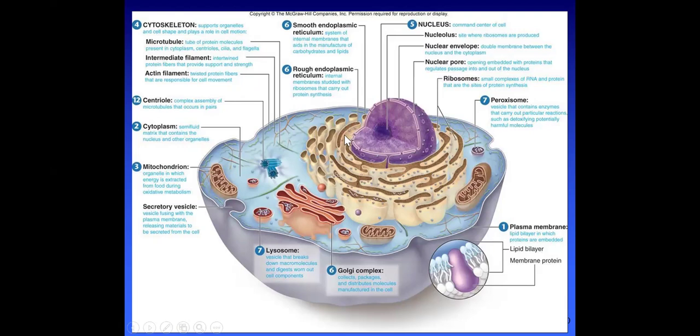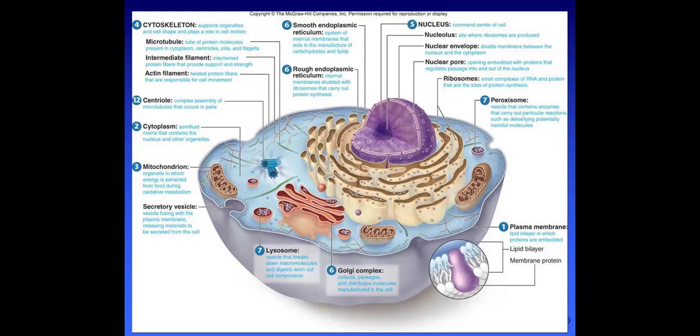This is the ribosome on the endoplasmic reticulum, these dots, and that's why this can be called the rough endoplasmic reticulum. This is the peroxisome. It is a type of vesicle which contains a collection of enzymes, and these enzymes are used for different functions, for example, detoxification.